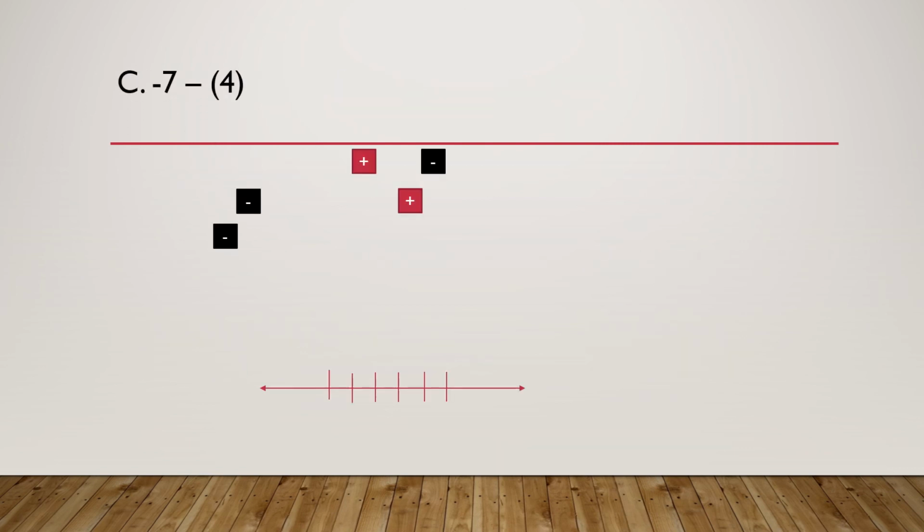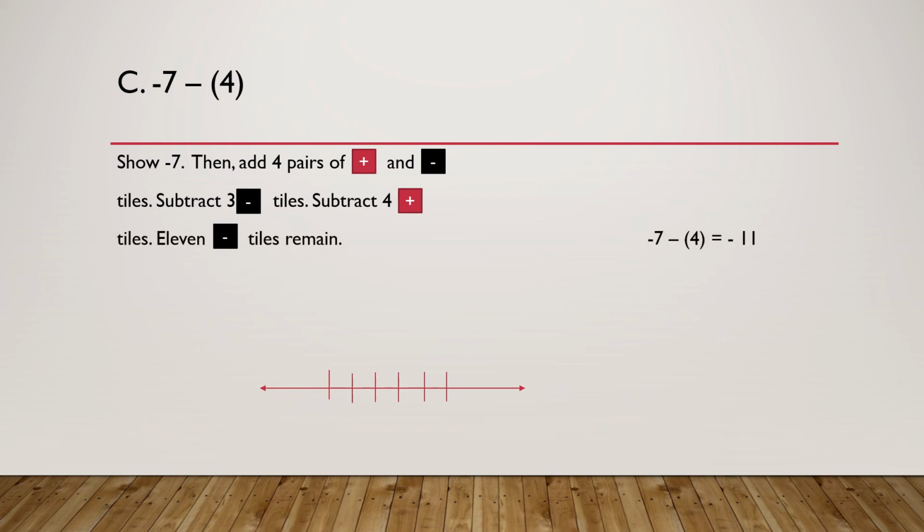Okay, so we have here negative 7 minus 4. So show negative 7, then add 4 pairs of positive and negative tiles, and then subtract 4 tiles, 11 tiles will remain.